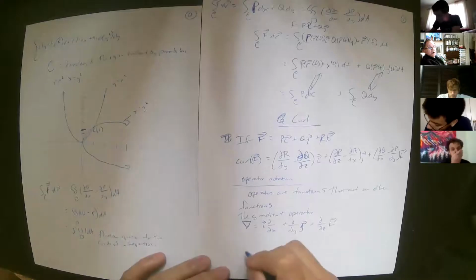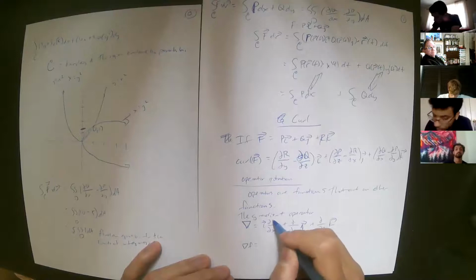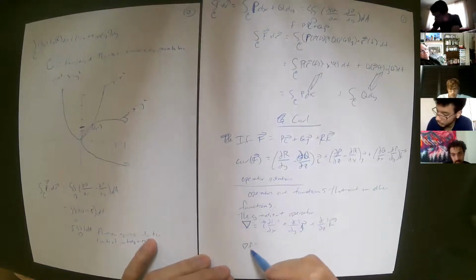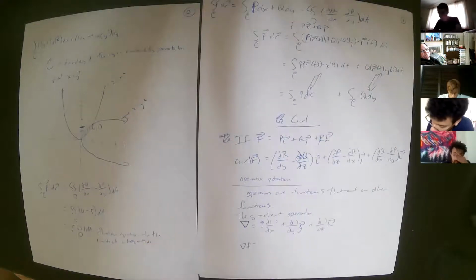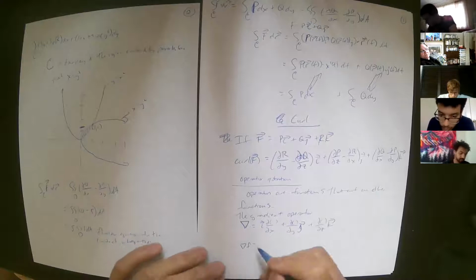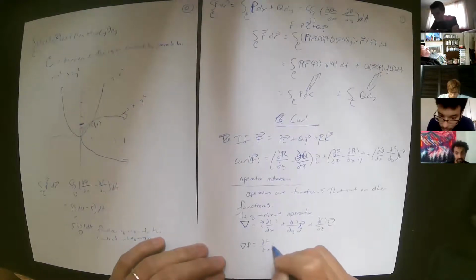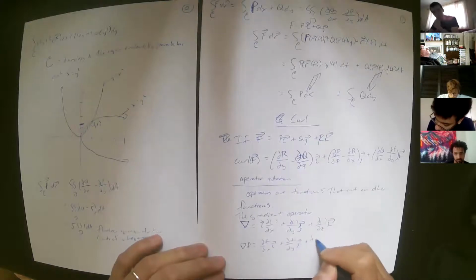When I do the gradient of f, this is just putting f, my function, in at each of these places. Remember, this is a function that takes functions. So the gradient of f is exactly df/dx i, df/dy j, df/dz k.